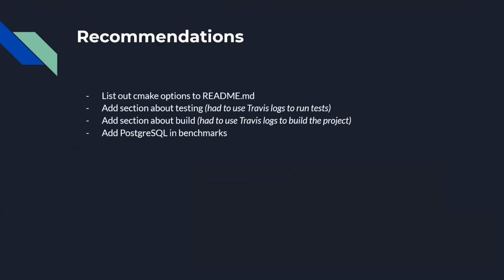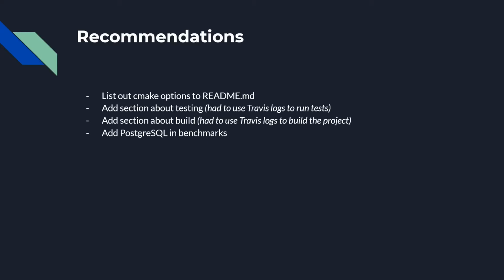First of all, it's probably a better idea to list out those CMake options that we found, because there are different CMake files, and if you provide those options that are lying in the C++ source files in the README, it could be easier to navigate.